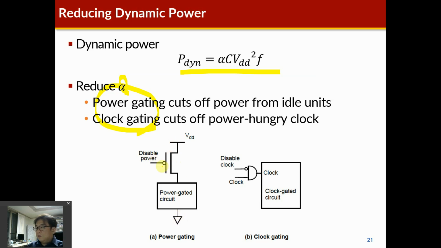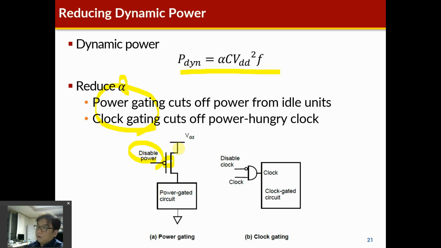In power gating, a MOS transistor is inserted between VDD and the ground, and this MOS transistor is controlled by the power gating signal. So what is the benefit of power gating?